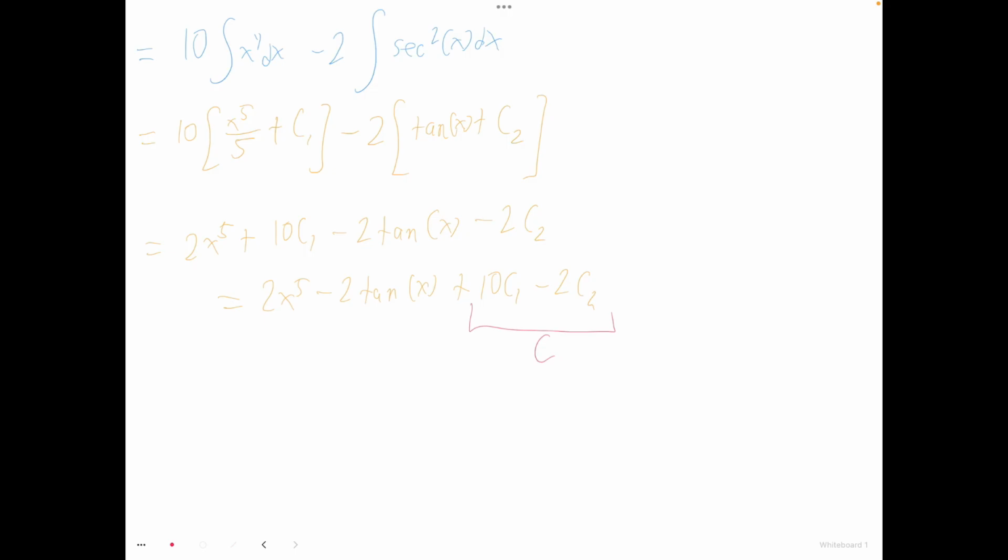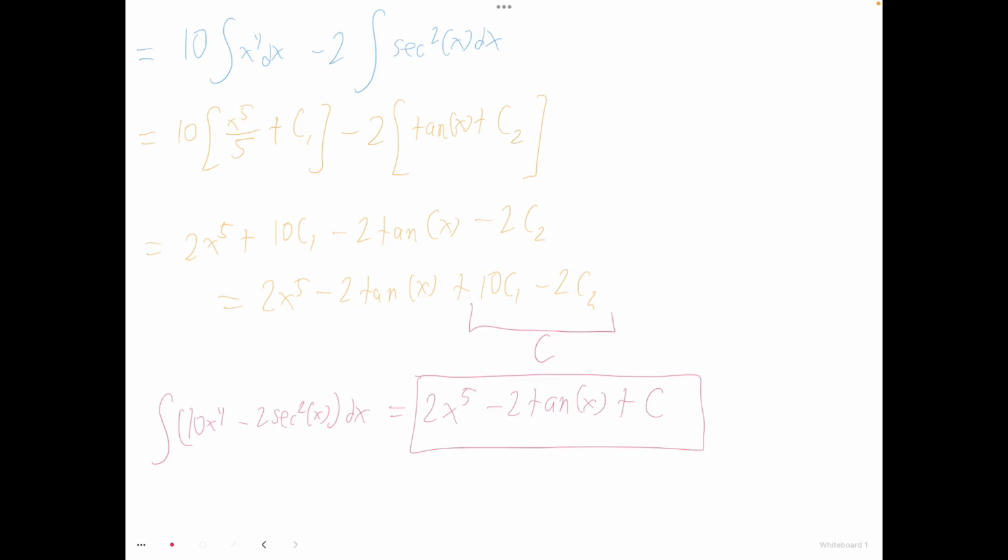So we just are going to write that as c. So we have that the integral of 10x to the fourth minus 2 secant squared of x is equal to 2x to the fifth minus 2 tangent of x plus c, where c is any constant.